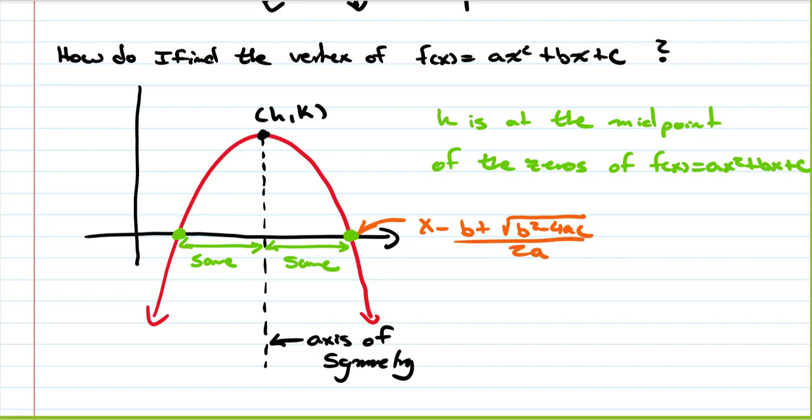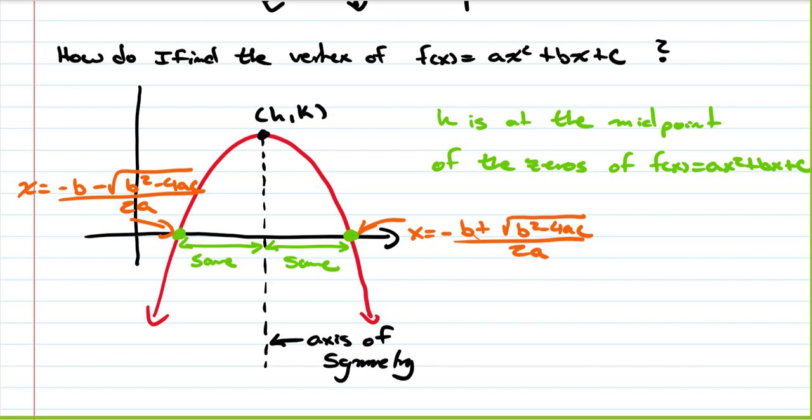And the smaller one over here is going to be x equals negative b minus the square root of b squared minus 4ac all over 2a, right? Because the quadratic formula gives us both x-intercepts or both solutions or both zeros, one with the positive sign and one with the negative sign.